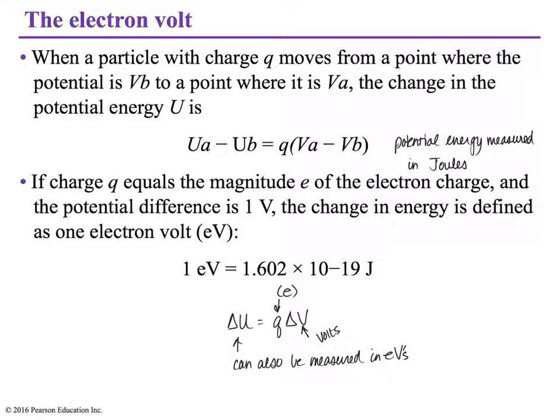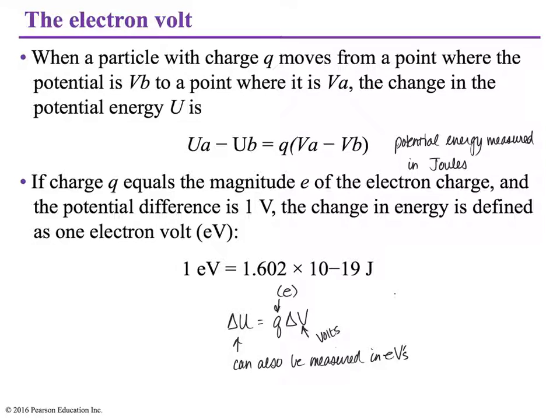So if you take an electron, or something that has a charge equal to some multiple of the electron charge, we're not expressing it in coulombs, we're just saying it has the charge of the electron moving through a certain change in potential, which of course will be measured in volts. The value is simply the electron volts, which is the change in potential energy.